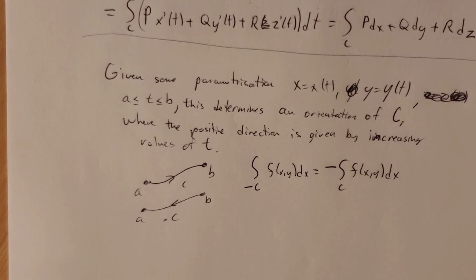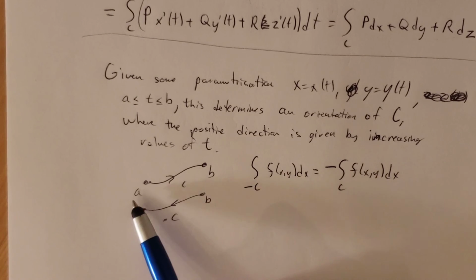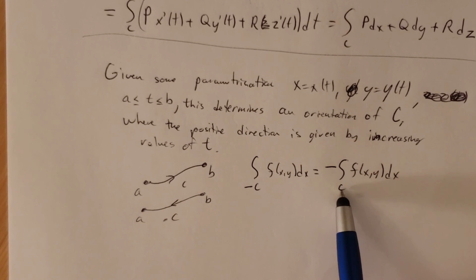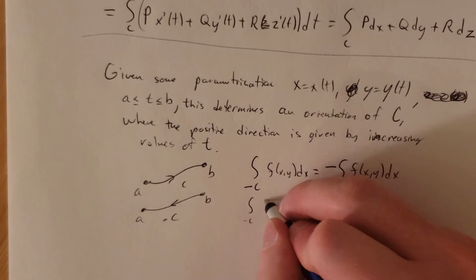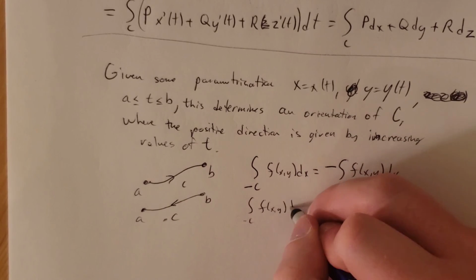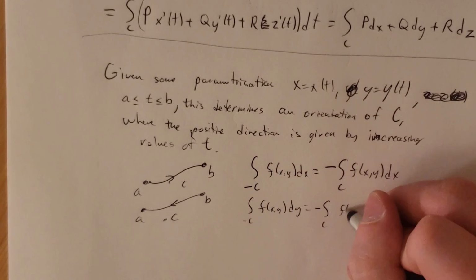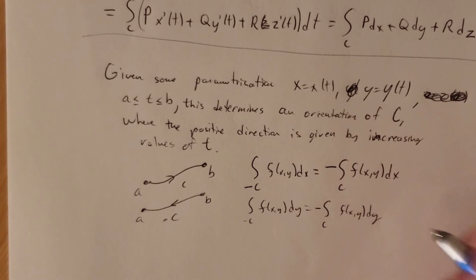So if we integrate with respect to x, and we change our bounds, so instead of going from a to b, we go from b to a, that is the negative of going from a to b. The same thing will happen if we integrate with respect to y. We actually get negative the integral over C of f of x, y, dy.